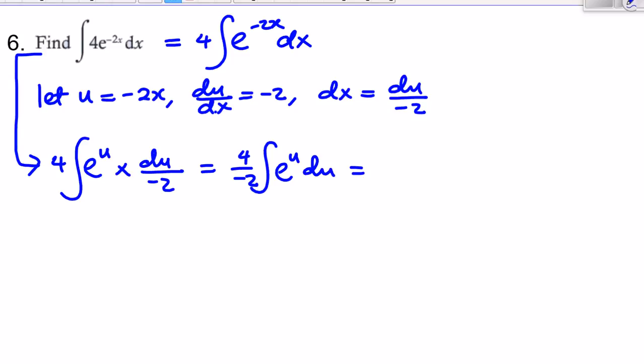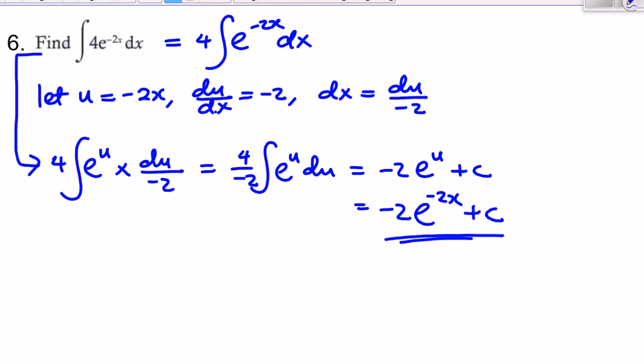Now, we know that the integral of e to power u is just e to power u. So our answer will be negative 2, because 4 divided by negative 2 is negative 2, e to power u plus c. And then we replace u with negative 2x plus c. Then you have your solution.